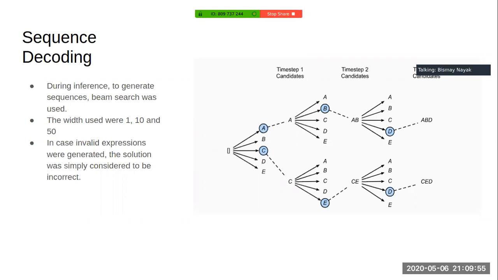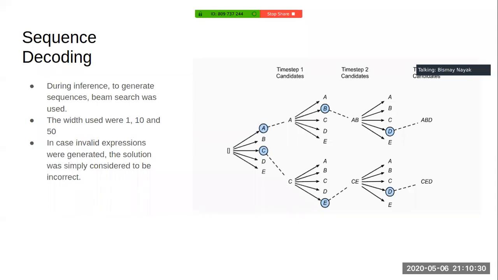Actually, it gives probabilities for all the possible tokens. So we usually take the token with the highest probability, and then the model will produce the next token and so on. When we do this, it is what we call greedy decoding, where we only take the solution with the best possible result from the start.